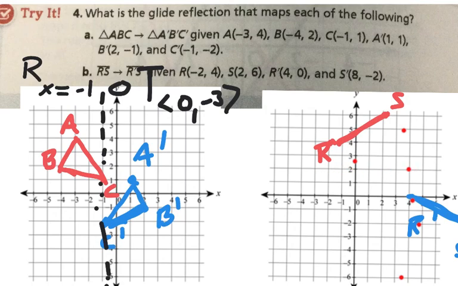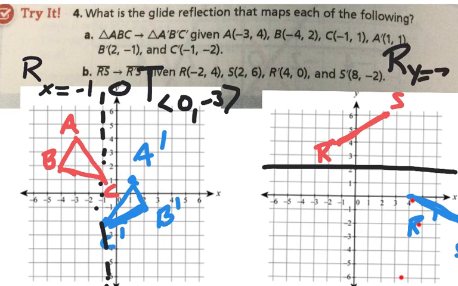Right, so I'm going to reflect it over the line y equals 2. And then once I do that, it's going to put me here. And 1, 2, 3, 4. 1, 2, 3, 4. And here. So this would be my new one.